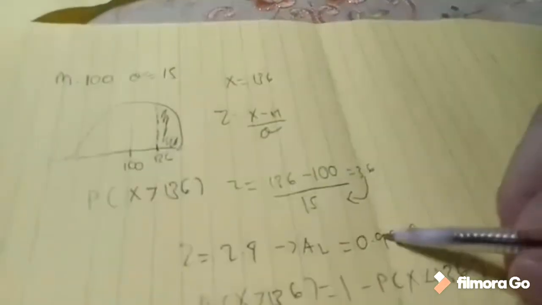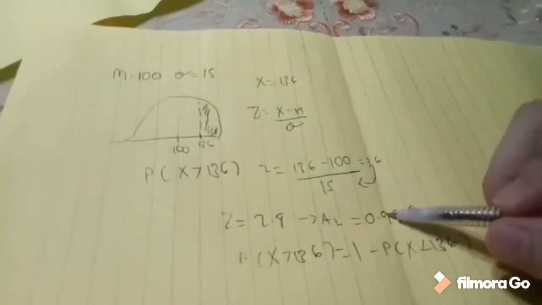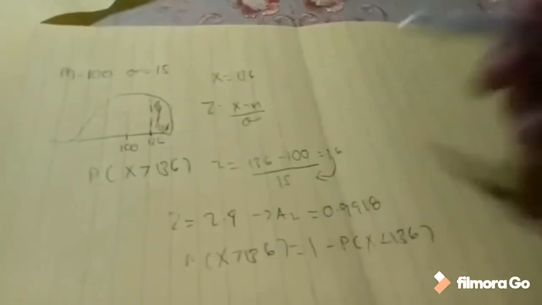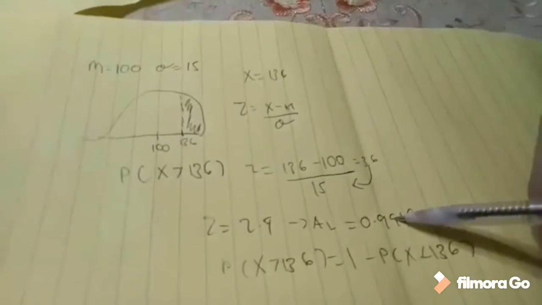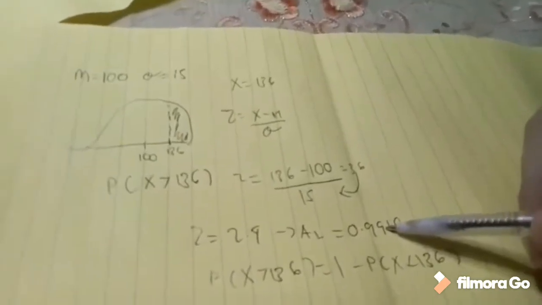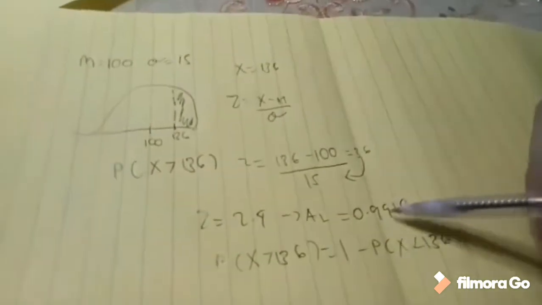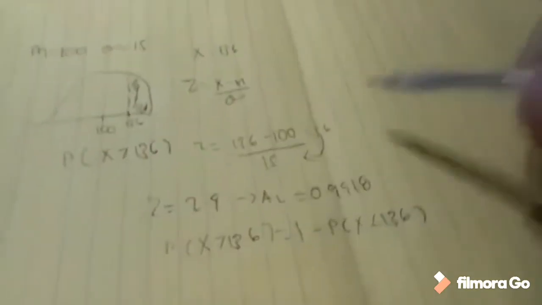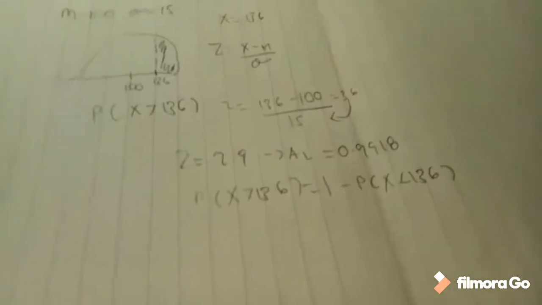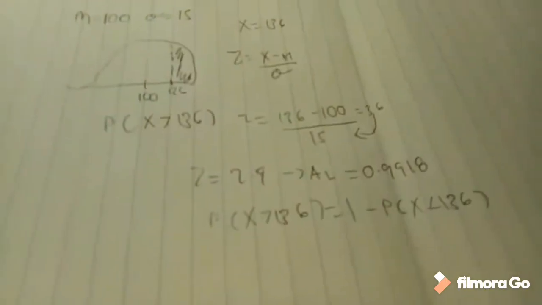The answer here corresponds to the probability that X is less than 136 or greater than or equal to 136, because it's going to be the same.